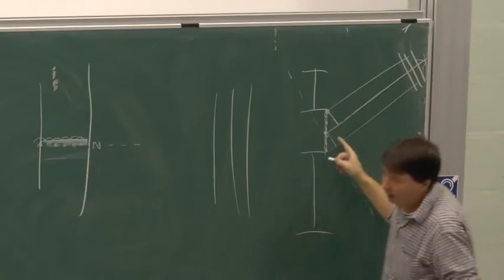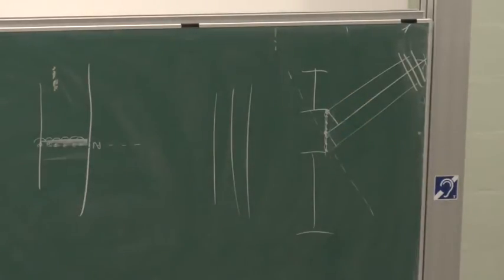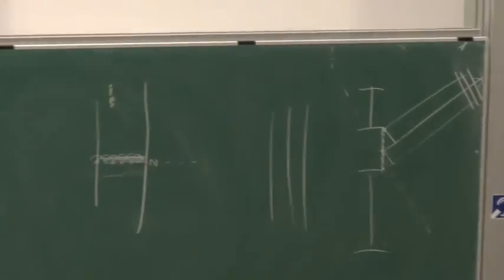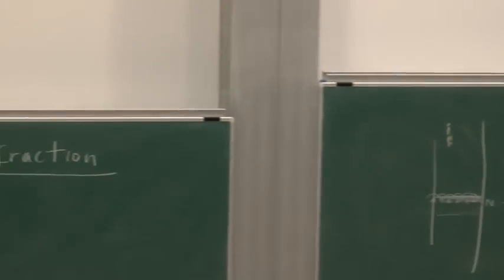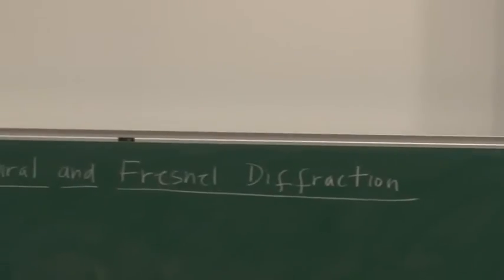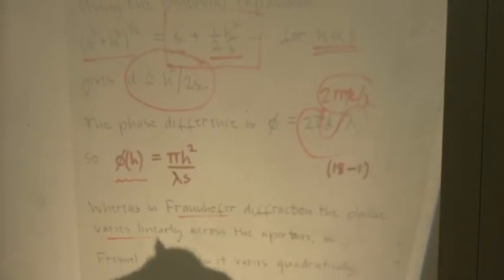But now, when we're considering Fresnel diffraction, the extra distance travelled, this phase difference, of course, remember again, here's our old friend 2 pi x over lambda. 2 pi over lambda is my k vector, and this is the extra distance travelled. The phase is varying. So in Fraunhofer diffraction it varies linearly.